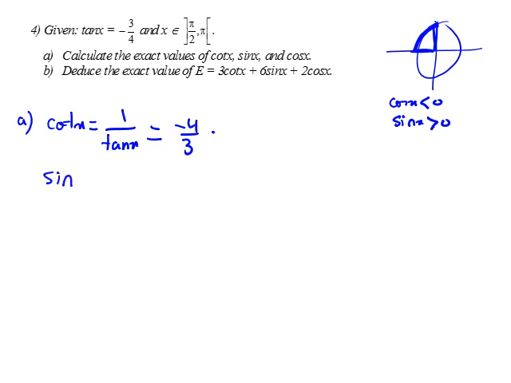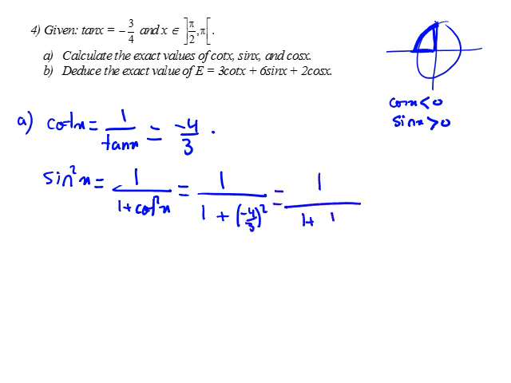Sine square x equals 1 over 1 plus cotangent square x. Cotangent is equal to minus 4 over 3, so minus 4 over 3 squared. It equals 1 over 1 plus 16 over 9, so it's equal to 1 over 25 over 9, which is 9 over 25.